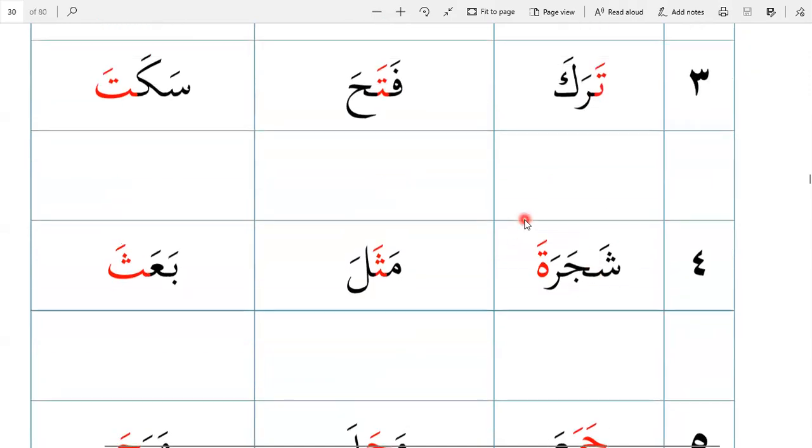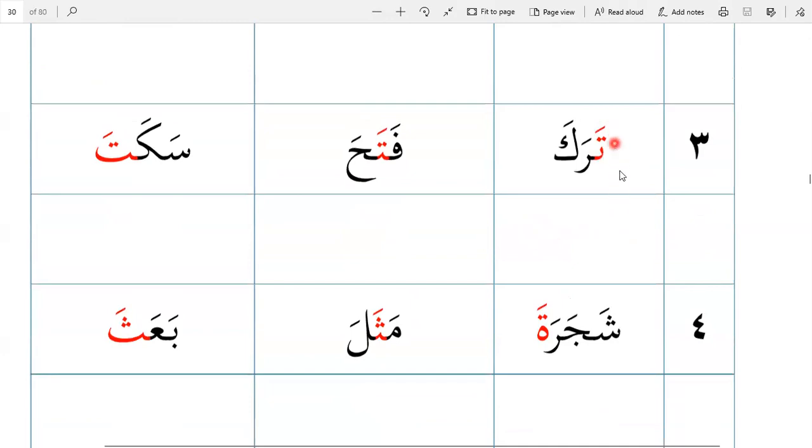Now here I made a mistake in the book, so forgive me for that. I wanted to include this along with these, but there was not enough places. So this is also a ta in here, right? So this is ta in the beginning, ta in the middle, ta at the end, and ta, it could be in this totally different form by itself.